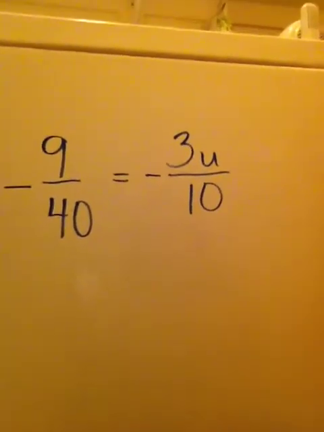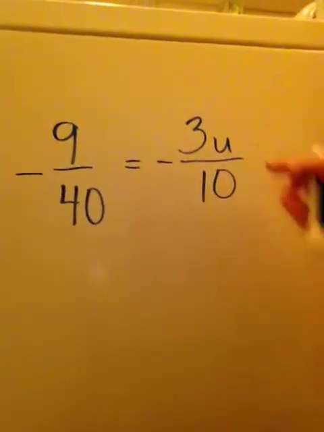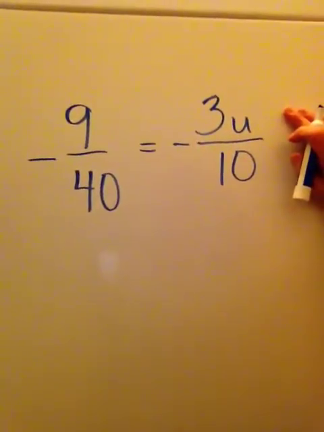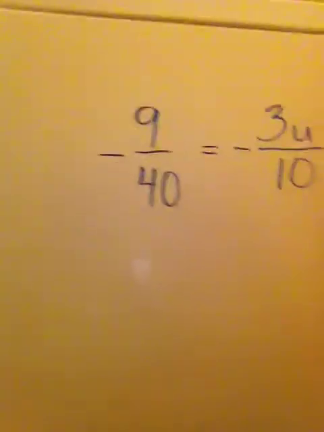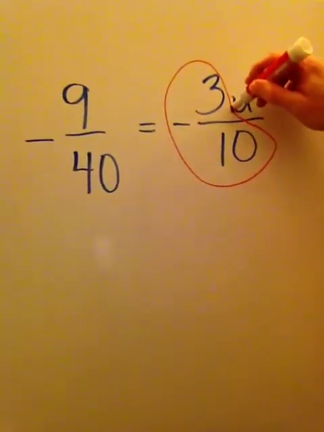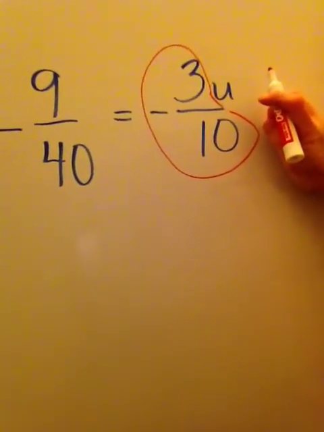Okay, so this one, you may think, oh, I don't know what to do because the u's up top. Well, we can pull that u out to the side. Essentially, this is your coefficient, and that u is just hanging up there.